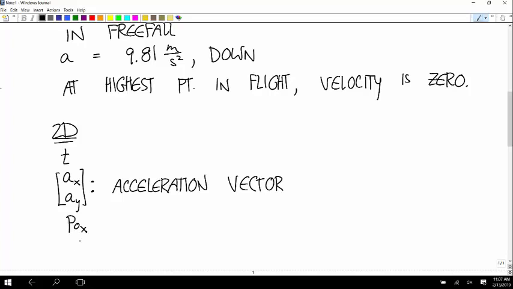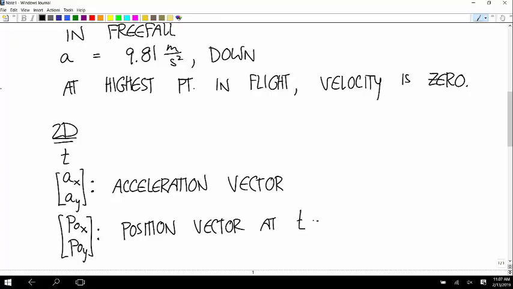Then P0x and P0y are the components of the position vector when time is equal to 0.